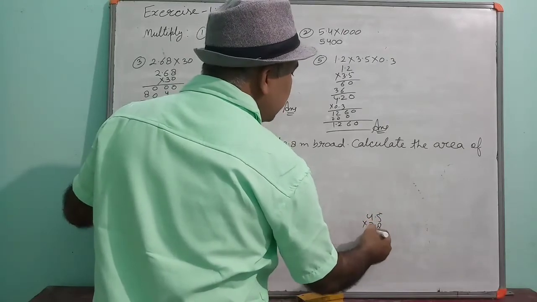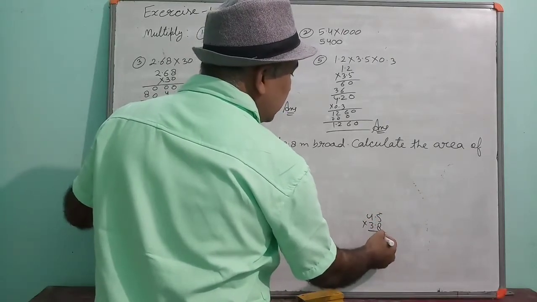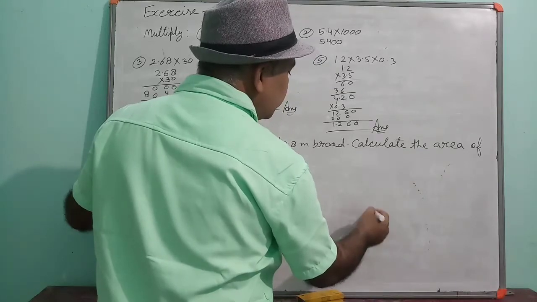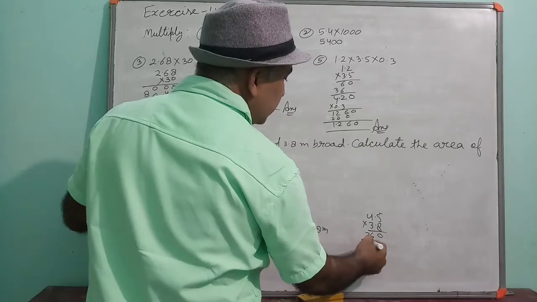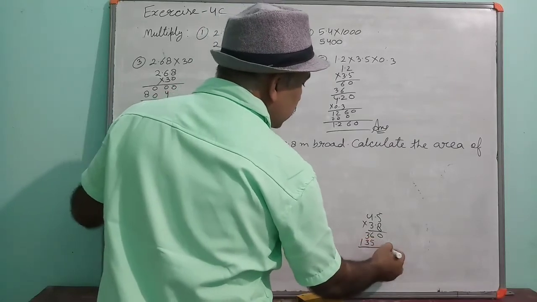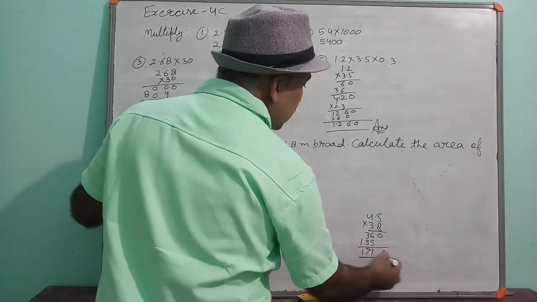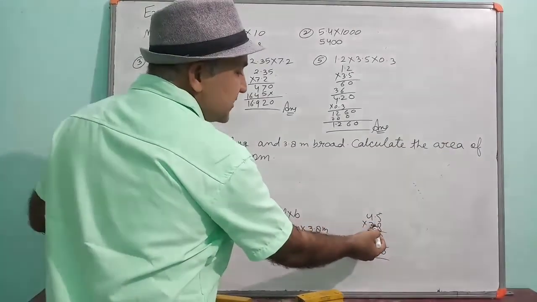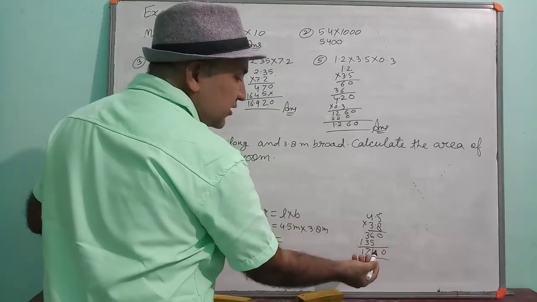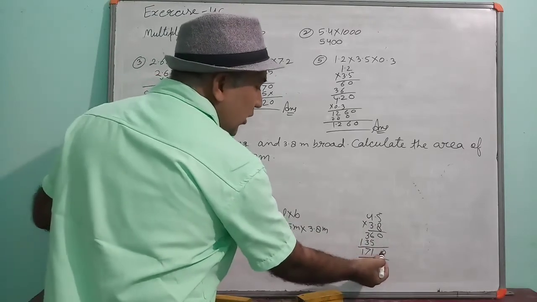4.5 is multiplied by 3.8. 8 into 5, 40, 4 carry on. This is 3 into 5, 15. You can do this multiplication. Now after the decimal 1 digit, after the decimal 1 digit, total 2 digits should be there after the decimal.